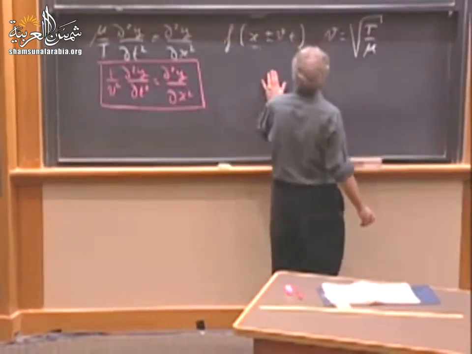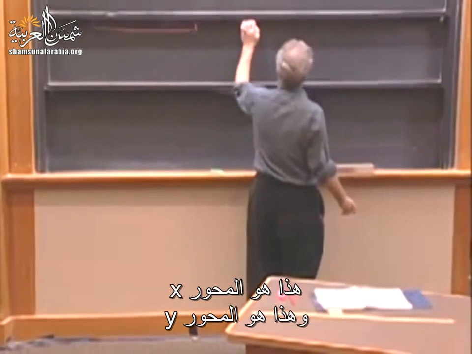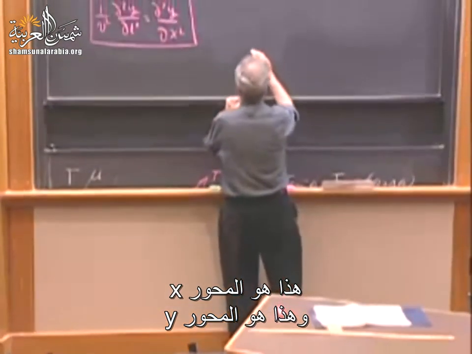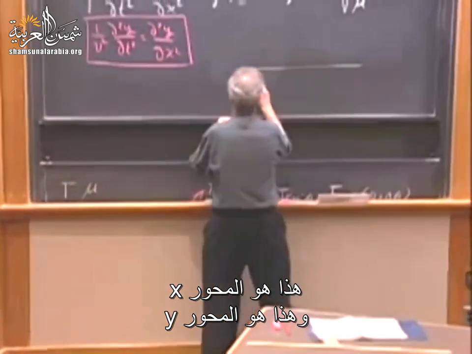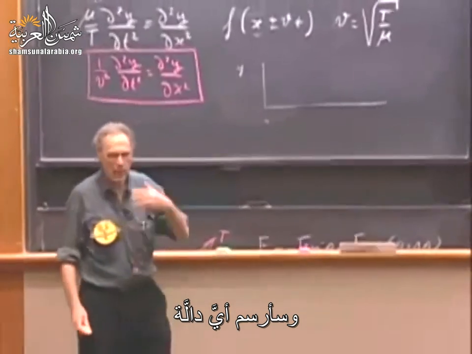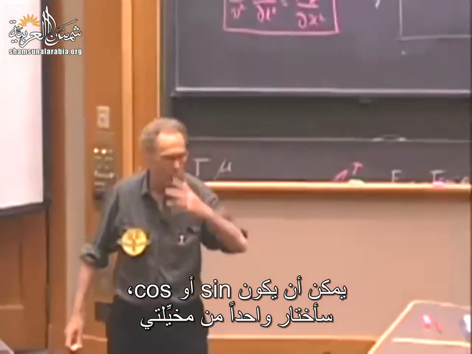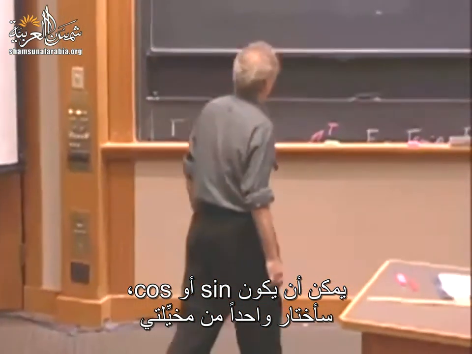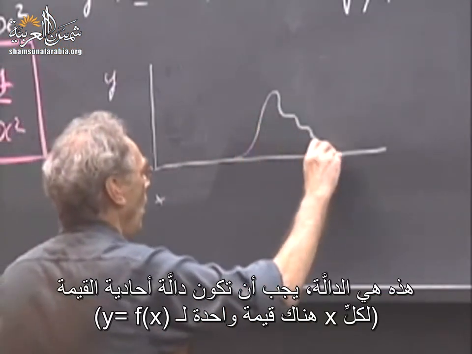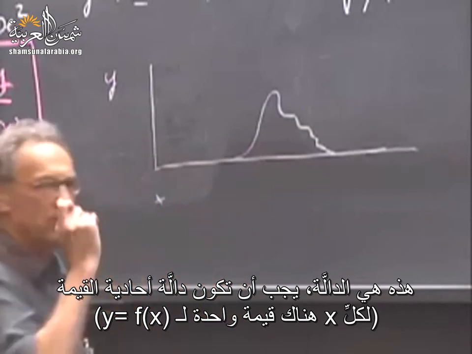Well, if I have here x, and here y, and I pick just a function. It could be a sine, it could be a cosine. I pick one that is way more imaginative. I pick this one. That's my function.